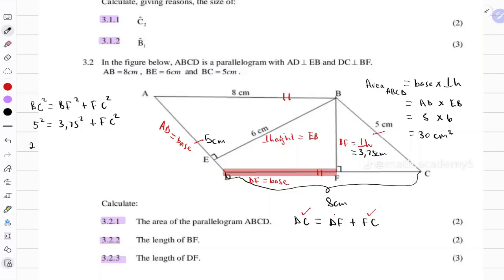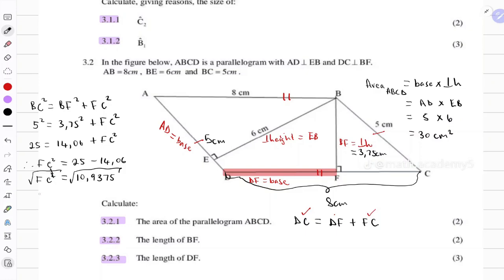So 5 squared is 25 and 3,75 squared is 14,06, correct to 2 decimal places, plus FC squared. So therefore FC squared should be equal to 25 minus 14,06. So FC squared is then 10,9375.